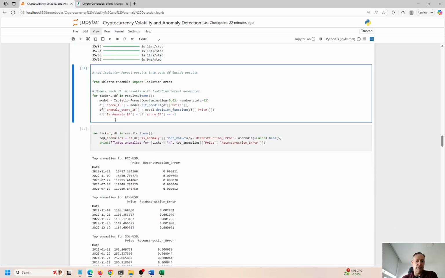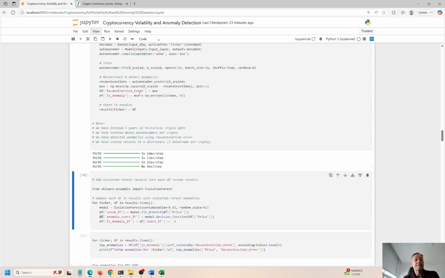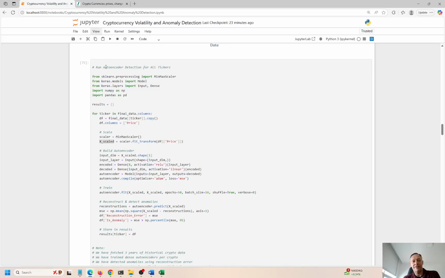Okay, so I'm going to go ahead and get everything with the isolation forest appended into my data frame. So I have data frame score IF, this is isolation forest, data frame anomaly score IF. So we're going to merge these together at this point, right? Because we have two techniques. I want to combine everything together and then look based on these two methodologies, whether it's isolation forest anomaly or what I'm calling the autoencoder detection.